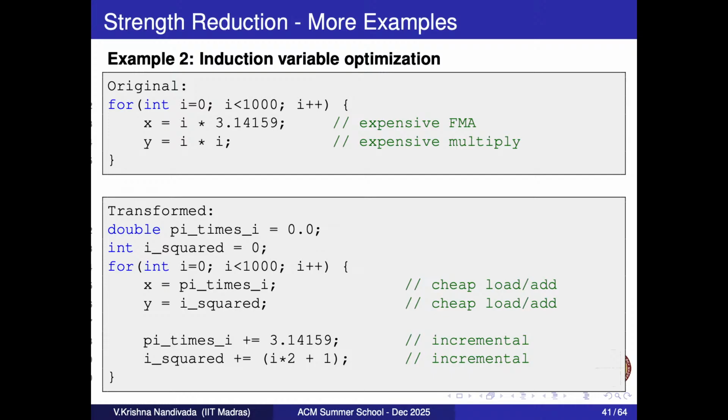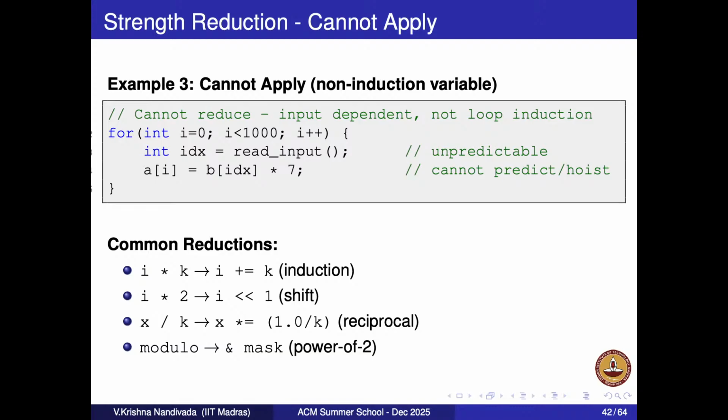So there are two strength reductions we are doing. One for X, one for I, and both are different. But I cannot always do this.